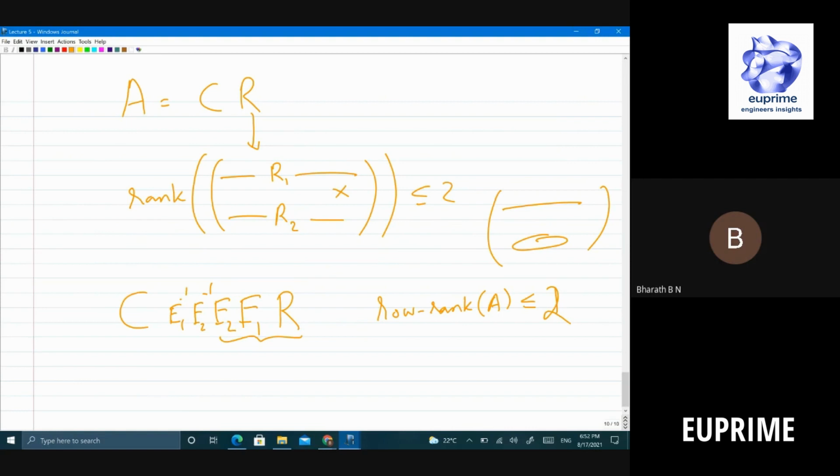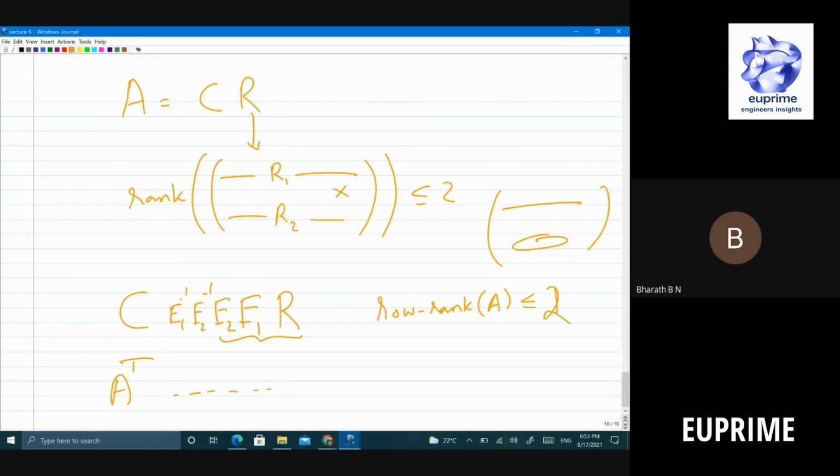Now what should I do? What happens if I do the same thing for A transpose? I can do similar, right? What is A transpose? The columns become rows and rows become columns, and I apply the same thing. So you have to fill the gap now. Essentially it turns out that the row rank equals the column rank. I know that it's a little vague here, but I want you to think about this and go through the notes at least once.